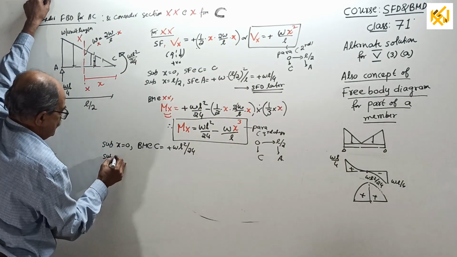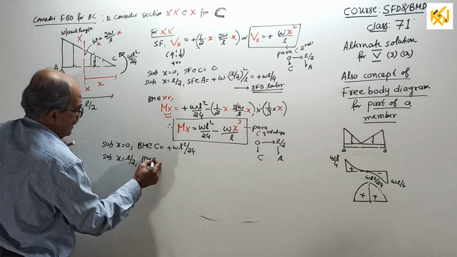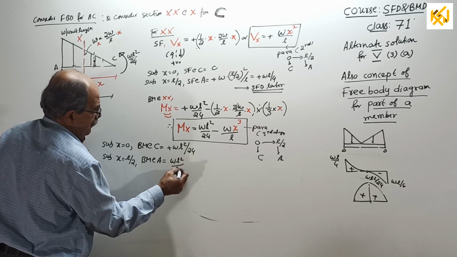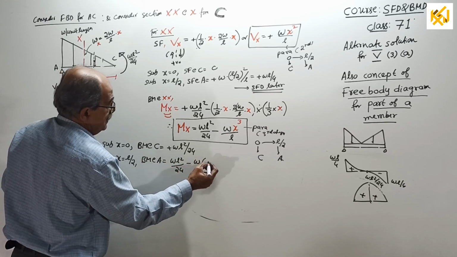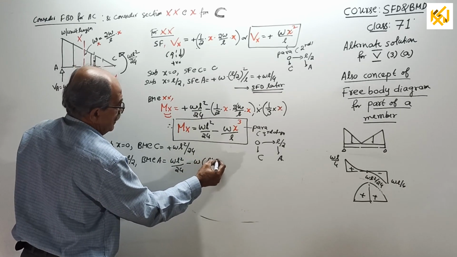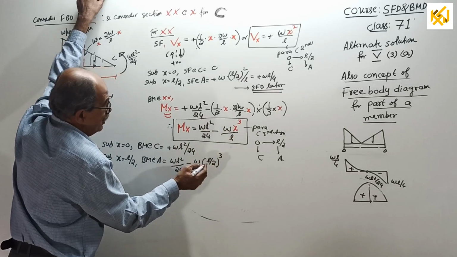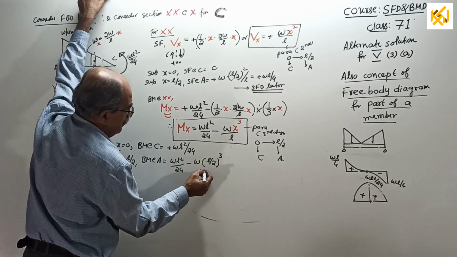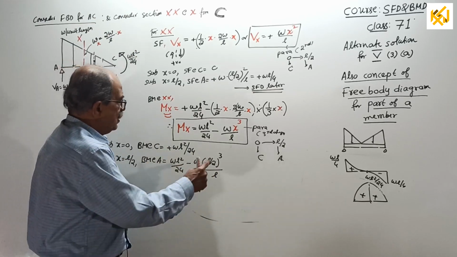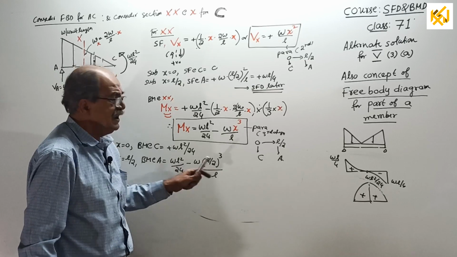Substitute X equal to L by 2, you get BM at A equal to WL square by 24 minus W into L by 2 cube, divided by L. Now, this is 1 by 24. 2 into 2 into 2 is 8. 1 by 24 minus 1 by 8.